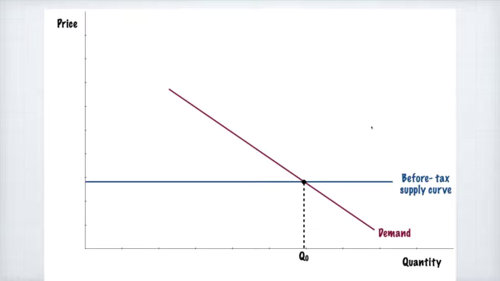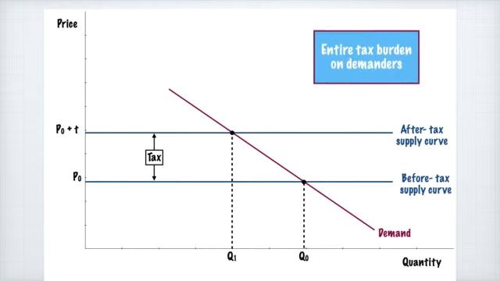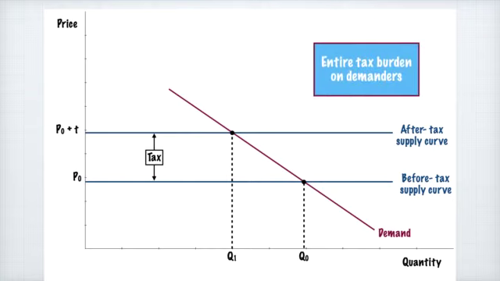So if we place a tax, the supply curve is going to shift upwards by the exact amount of the tax. So the vertical distance between the original price and the new price is going to be exactly equal to the tax. And we have a new equilibrium quantity of Q1, and the equilibrium price is just P0 plus the tax. So the suppliers have successfully shifted the entire burden onto the consumers.